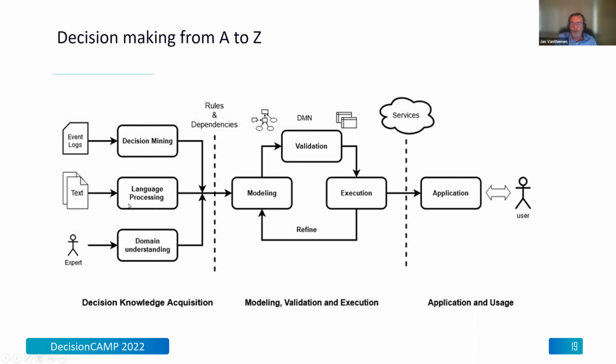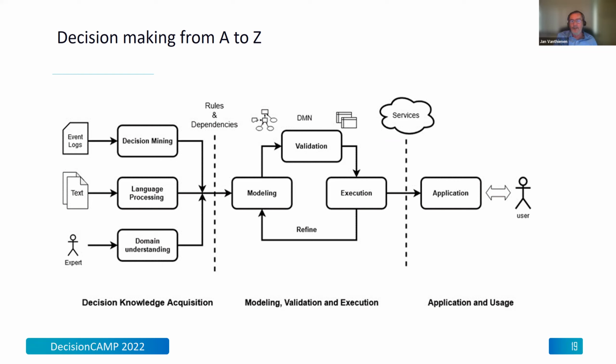We should also work on building better models, validation, error avoidance, better modeling techniques, execution techniques. And we should also start working or work more on, once you have it, how do you use it? How do you communicate with the model? Where do you execute it? How do you execute it?